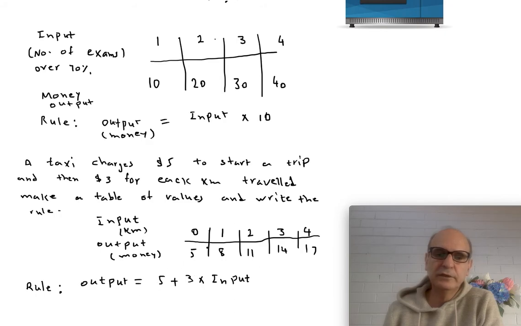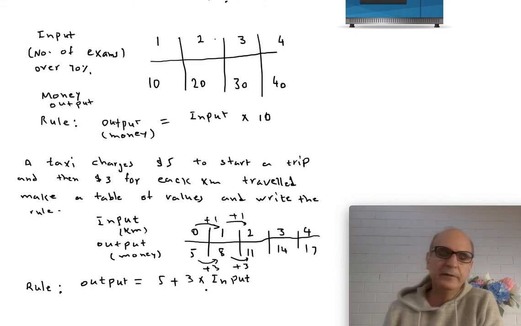The other way of doing that is you look at this. Every time the input goes up by 1, your output goes up by 3. So that 3 is this 3. That is the number you're always going to multiply by the input. So 3 times input.